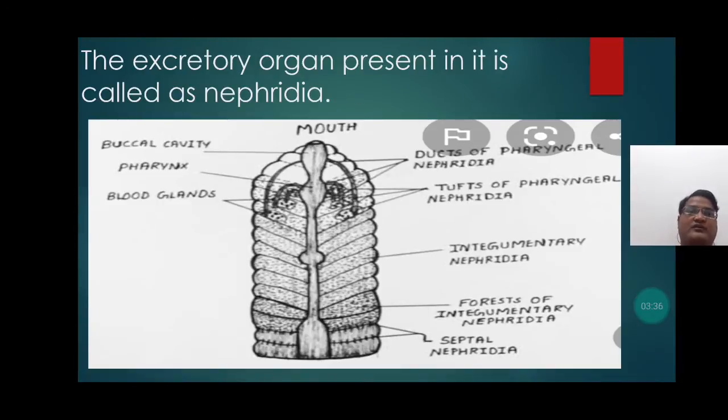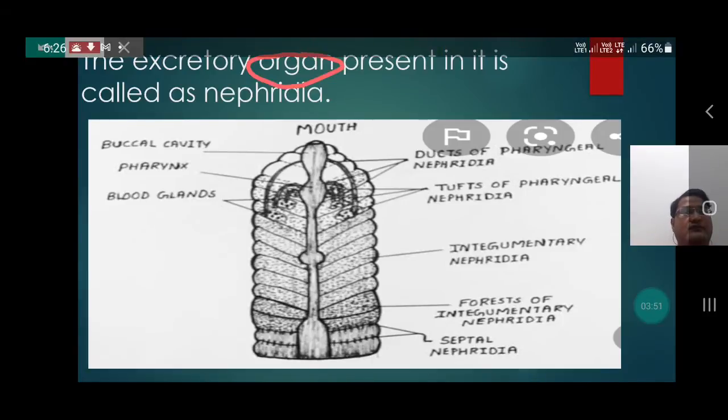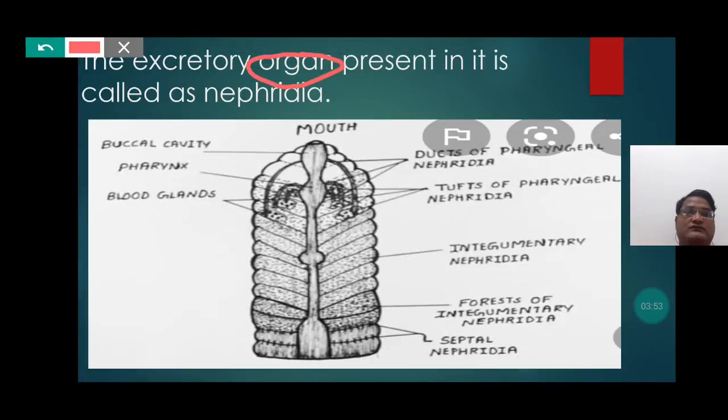The excretory organ present in it is called nephridia. So students, the specific organ which is used by the Annelida to remove the waste materials out from its body is called nephridia.